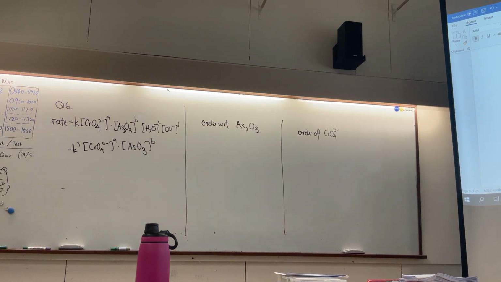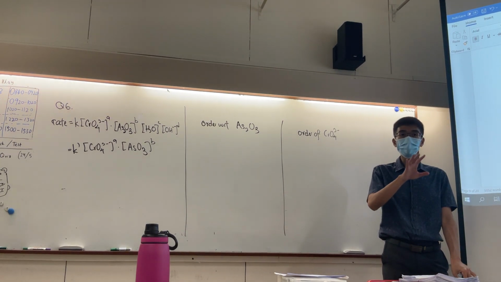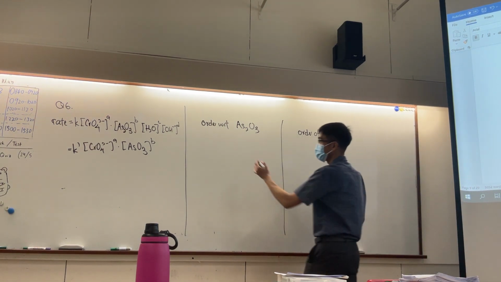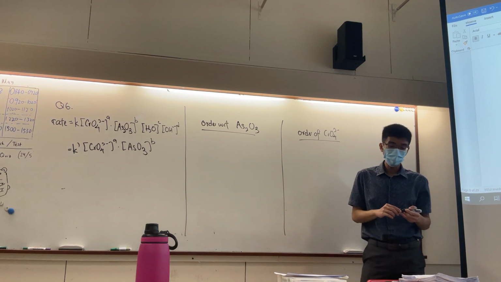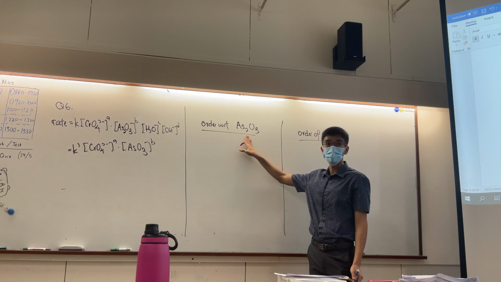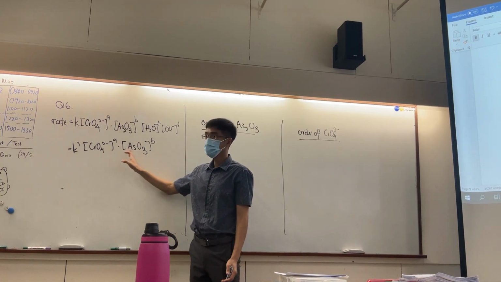Okay, now comes the important part. If you remember, previously I mentioned to you that this question is a combination of the continuous method as well as the initial rate method. I want you to follow my train of thought very carefully. Do not copy anything while I'm talking. First of all, if you want to find the order with respect to As2O3, what must change between these two?